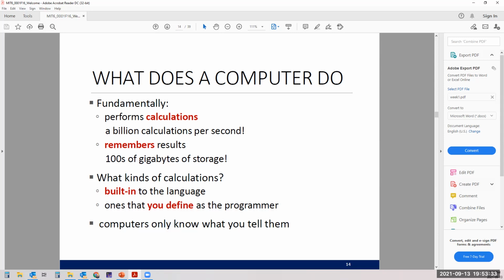Has anybody seen a floppy disk before? Yes, Professor. It had a maximum capacity of 1.44 megabytes, and it was wow at that time.